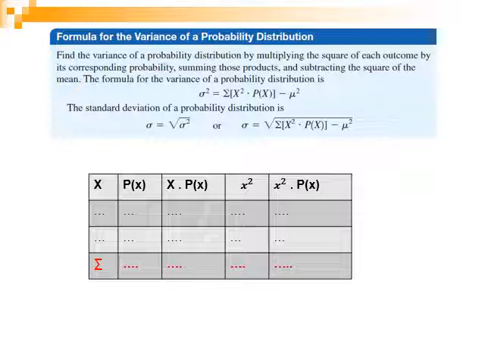We can calculate the variance by using this formula: sigma square equals the summation of x square times p of x, minus mu square. And then we can use another measure of dispersion, which is the standard deviation, denoted by sigma, equal to the square root of the variance.